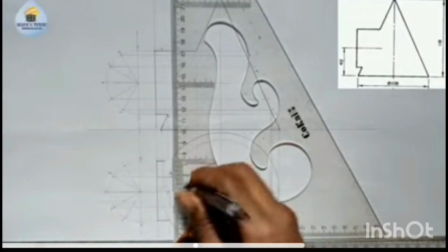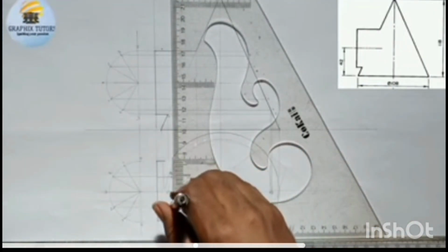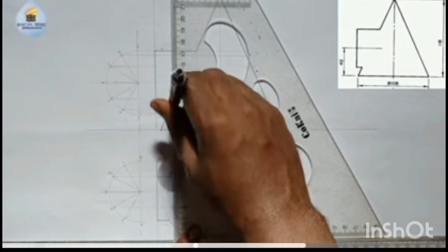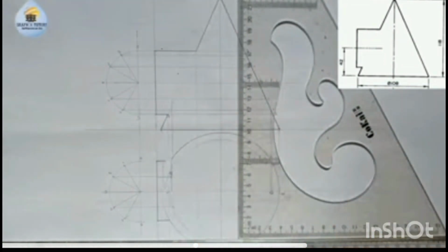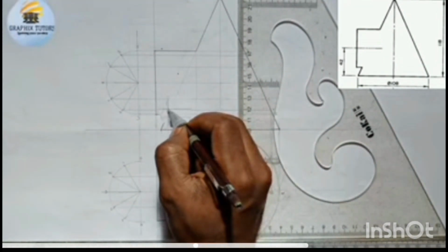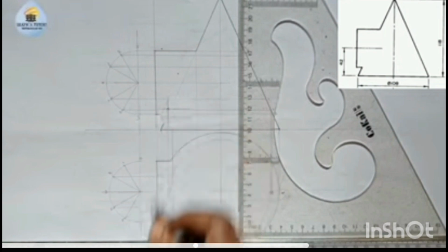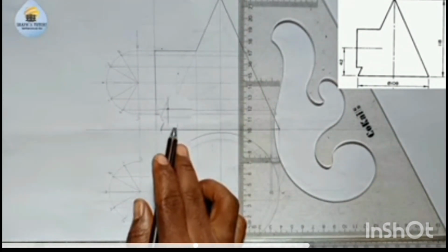So if I project this up, the point of 2 goes to meet 2 here. You can see this 2 is coming to meet this 2 here.